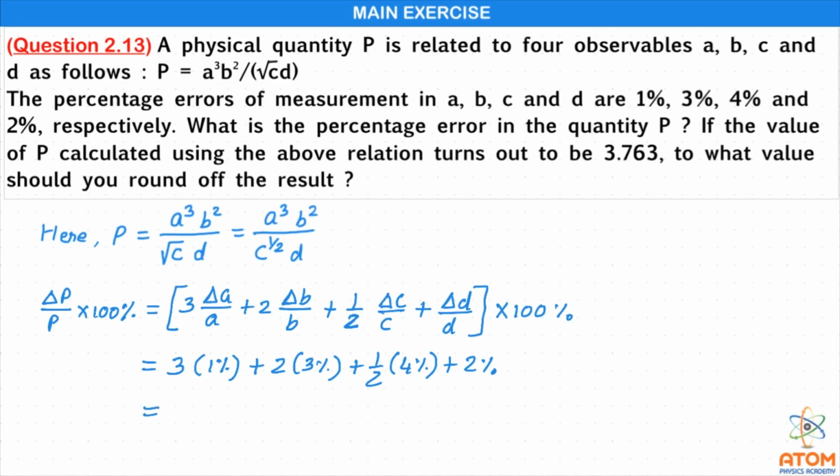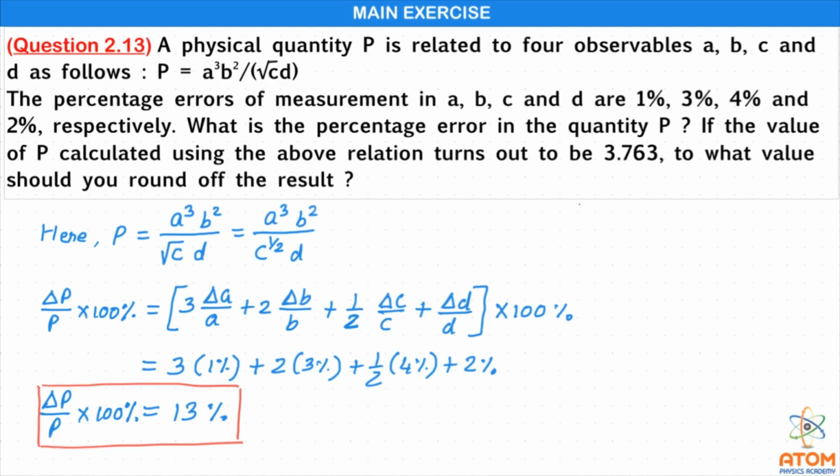Solving all this, we will get a total percentage error of 13%. So the total percentage error in P, that is delta P upon P into 100%, is 13%. That is our first answer. Now let us solve the second answer.